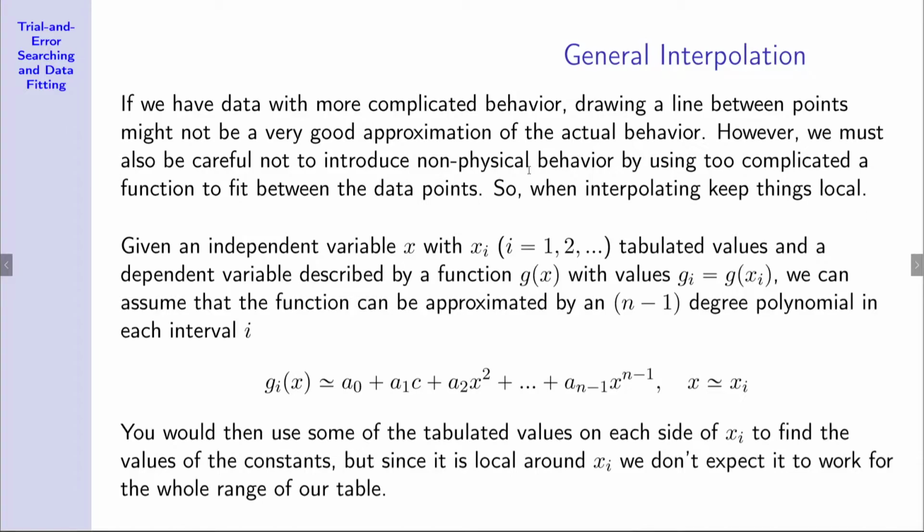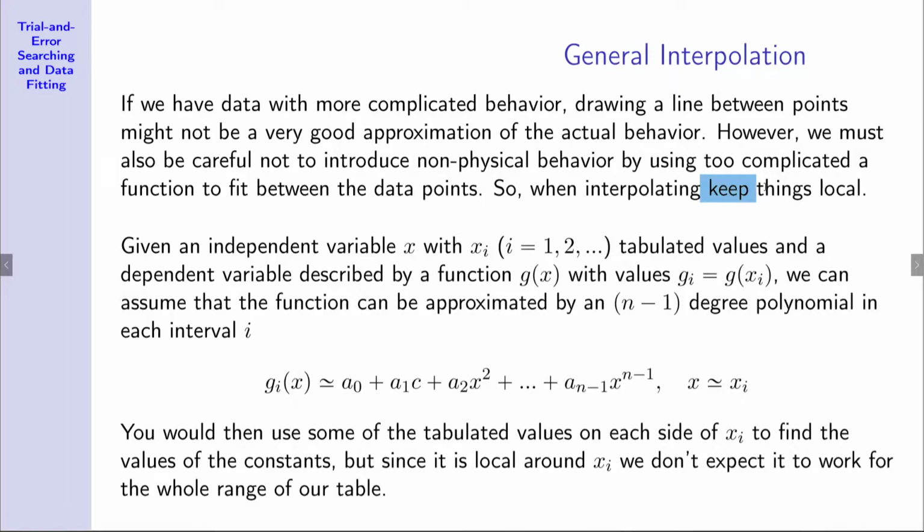So when we are doing interpolation, generally, as you can see down here, what we're going to be doing is coming up with some sort of polynomial expression that will then pass through the actual data points that we have.